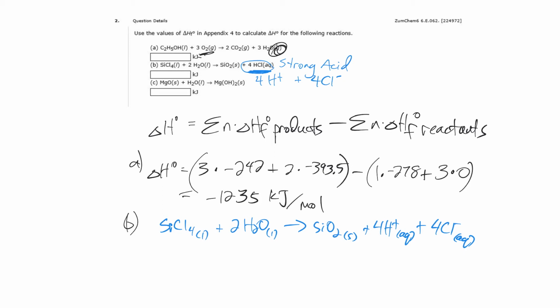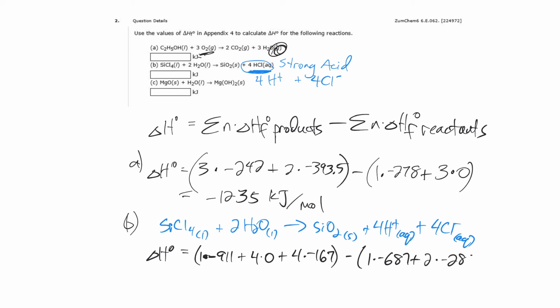Okay, if we apply the equation then, for products, we've got silicon dioxide, that's 1 times negative 911, for the hydrogen ion, 4 times 0, for the chloride ion, 4 times negative 167. And we're subtracting from that the reactants. Silicon tetrachloride is negative 687, and liquid water is negative 286.